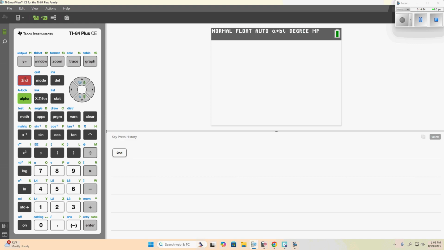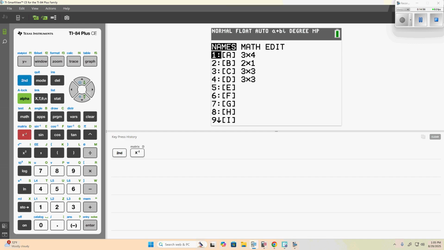So the first thing we're going to do is hit second matrix, second x1. And that matrix button right now is lit up in red on the screen. So were you able to get to this screen here? The numbers next to the A, B, C, D, E, F, G, H, I might be different, but we do see this screen, yes? Scroll over to Edit.